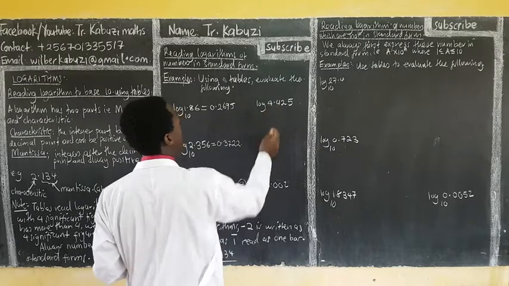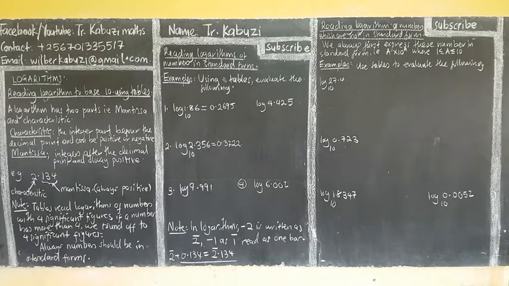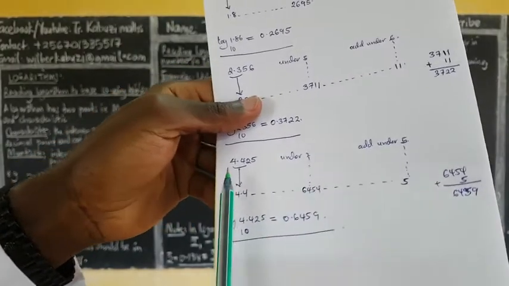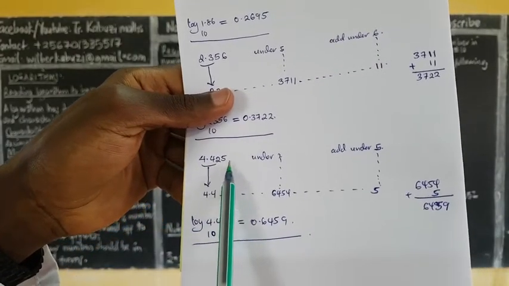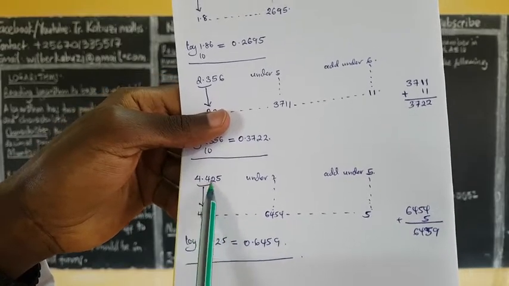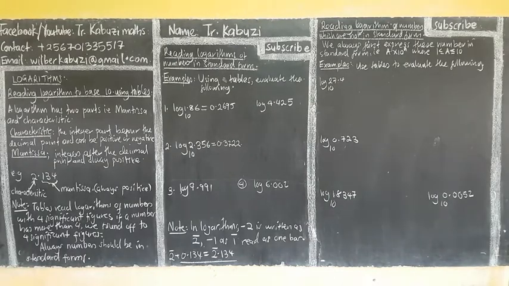Okay, let us come now to this one. We have 4.425. When I come to that, I think you can see it from my table here. I first get the first two, 4.4 is here. Then I come and read it this side.